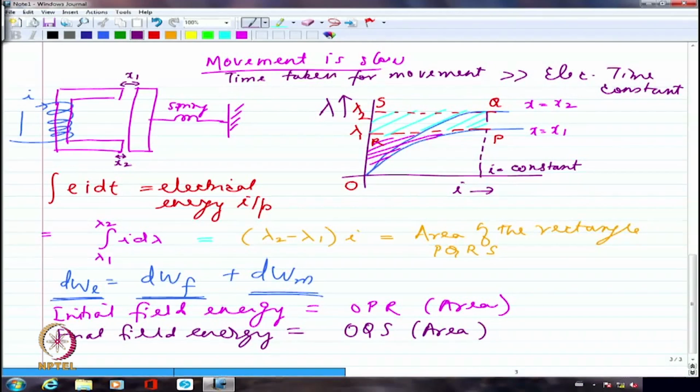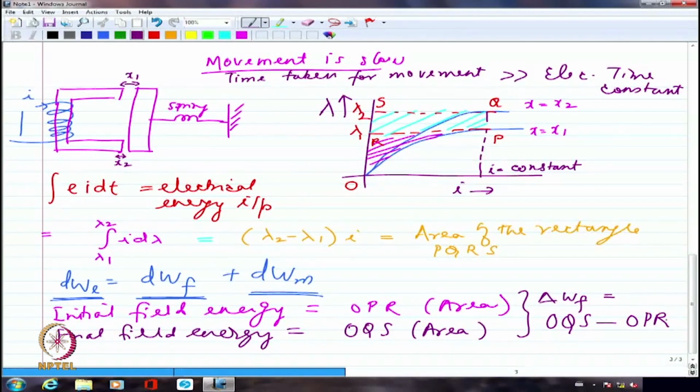So if I want the difference in field energy, I have to subtract the initial from the final field energy. So delta Wf or dWf will be the area OQS minus OPR. Is that clear?